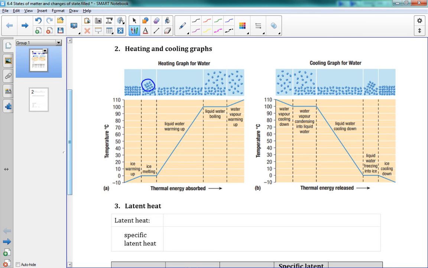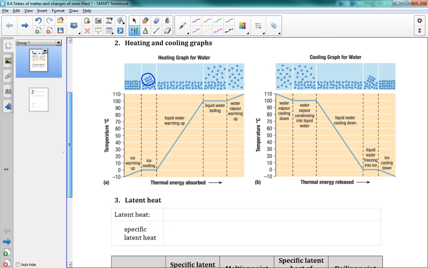So that's our situation. And again, we saw a bit of this in the gizmo, but what happens here is as we're warming up the ice, well, we need to put energy into it. So this is a graph of the thermal energy absorbed as the temperature increases. Or rather, as we put in more thermal energy, what is the temperature.